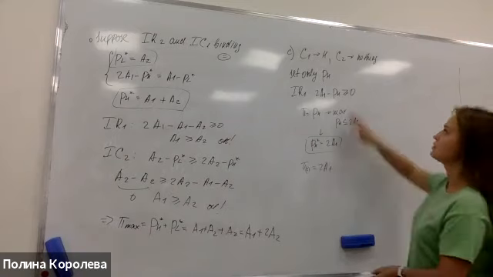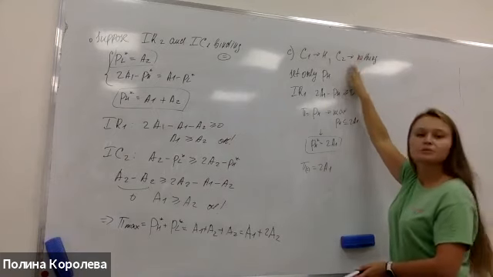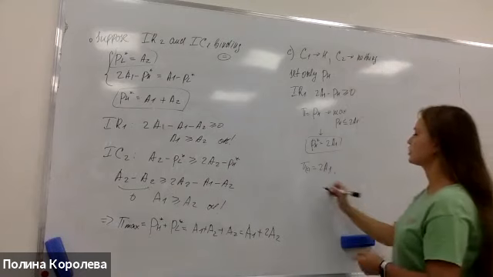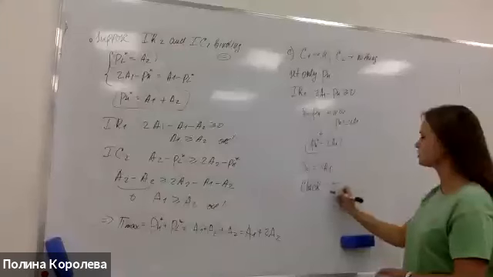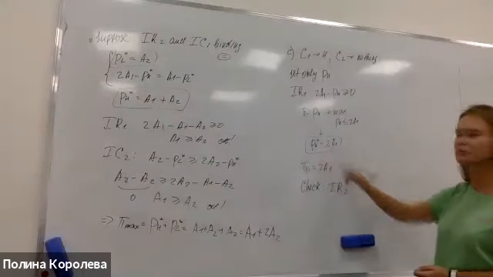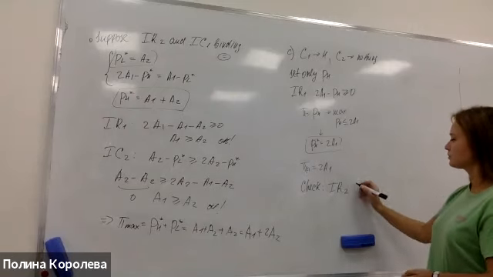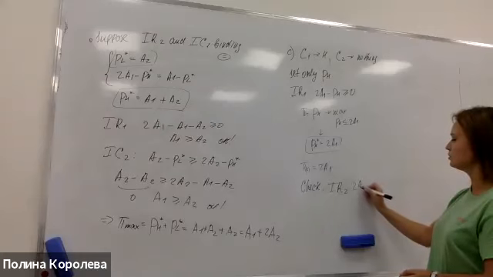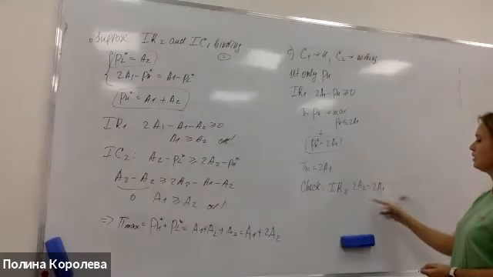And let's check that our second consumer does not want to buy anything. Check individual rationality for the second consumer for such optimal price for high quality good: 2A2 minus this price, 2A2 minus 2A1.